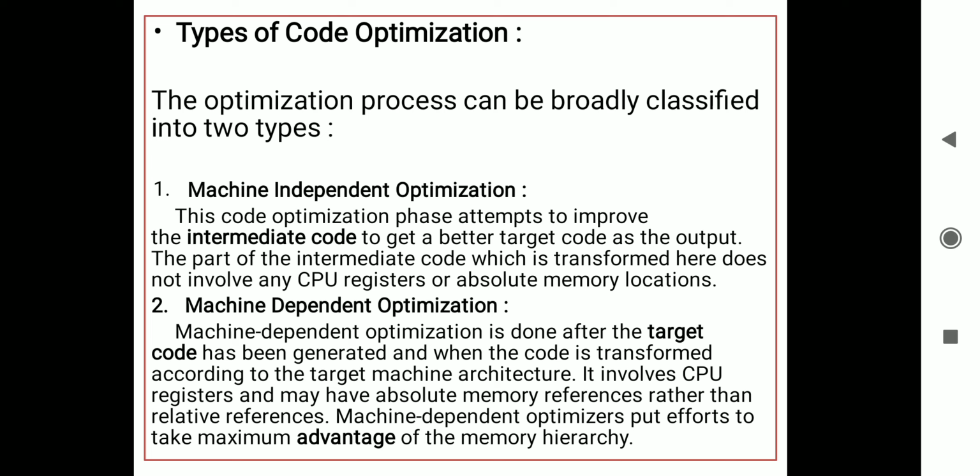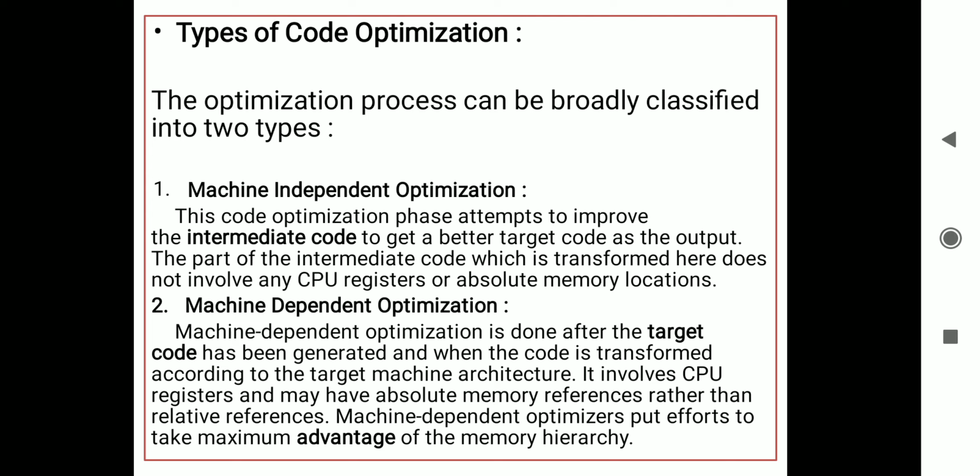The part of the intermediate code which is transformed here does not involve any CPU register or any absolute memory locations, which is completely independent from the particular hardware and instruction set. Optimization performed on an intermediate representation only is called machine independent optimization.